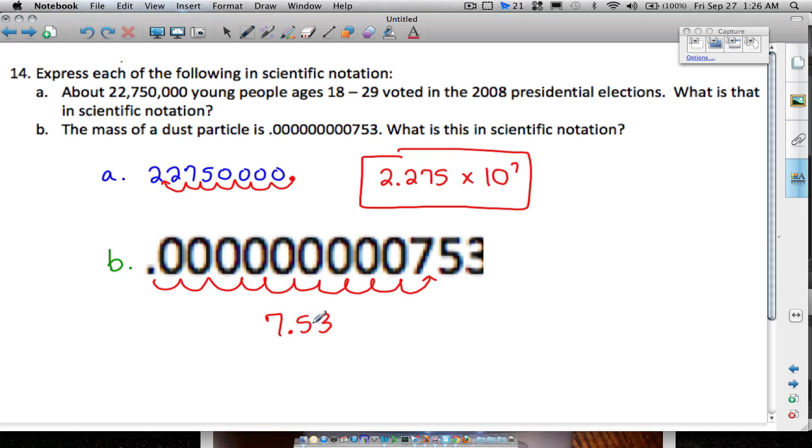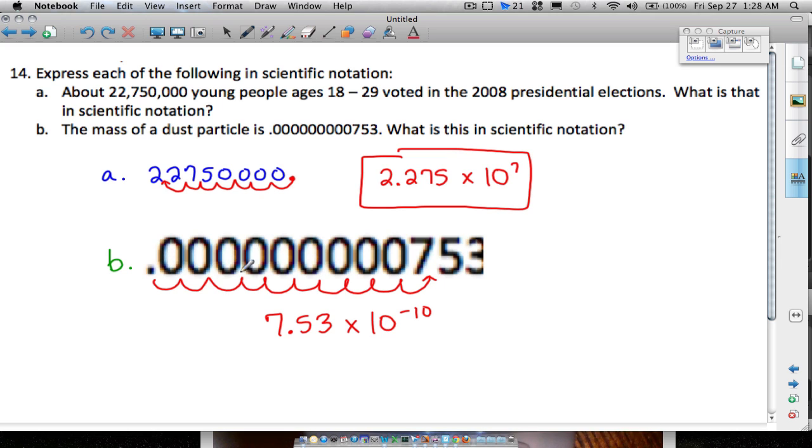Now, 7.53 compared to this number, 7.53 is big compared to that tiny, tiny number. So we want to multiply by 10 raised to some power. When we move to the right for scientific notation, we want to use a negative number. Well, we use a negative 10 since we move 1, 2, 3, 4, 5, 6, 7, 8, 9, 10 places to the right.